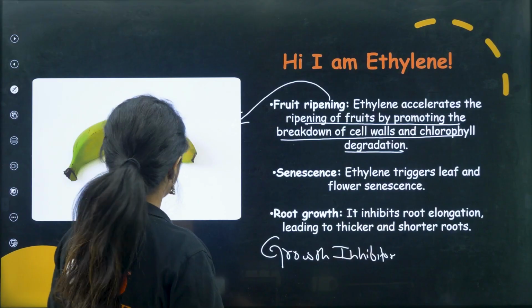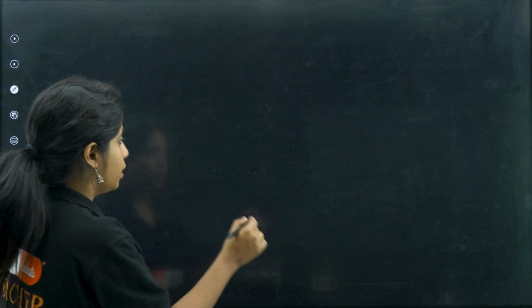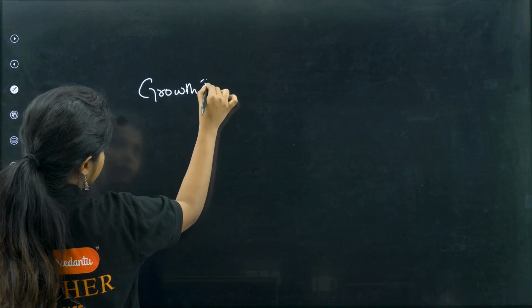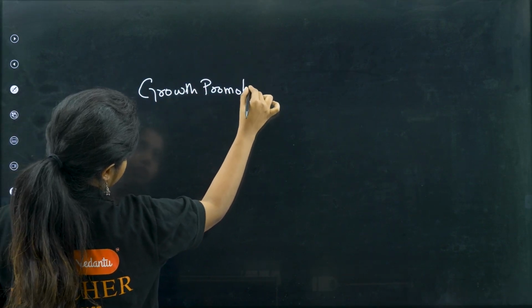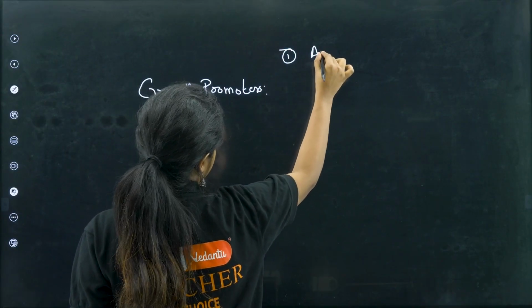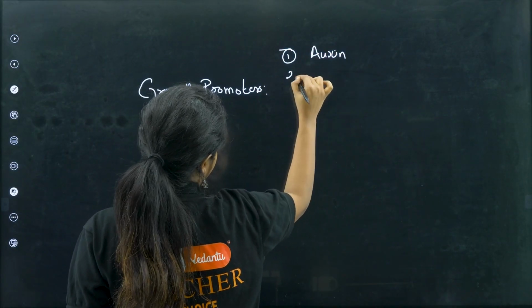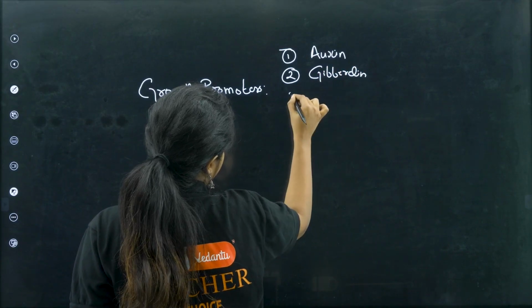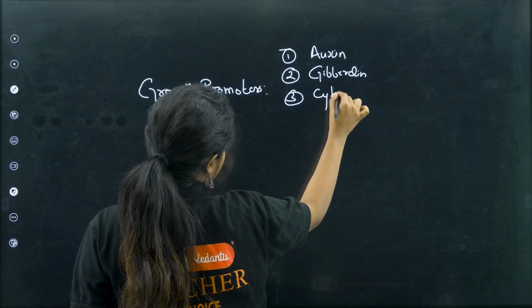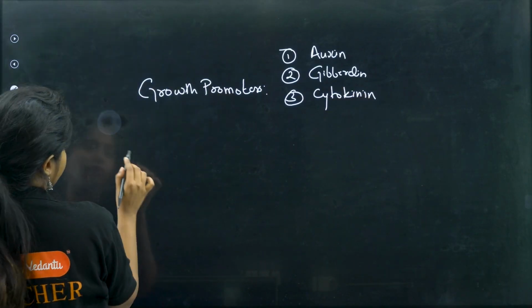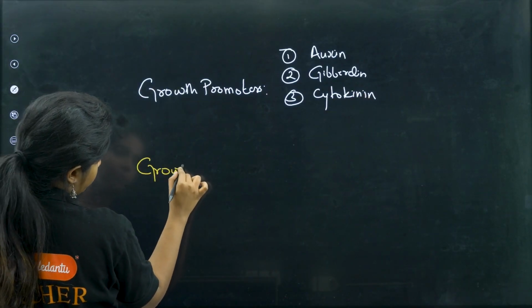So now for you to revise, let's hide everything and let's say the names of the plant hormones. One, you're talking about the growth promoters. First you have Auxin, second you have Gibberellin, third you have Cytokinin, remember, and then you have growth inhibiting, remember the two of them.